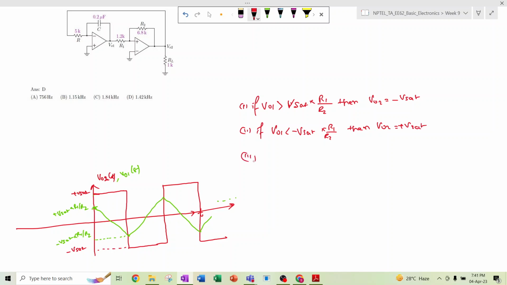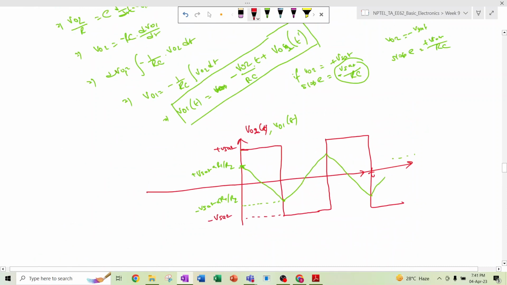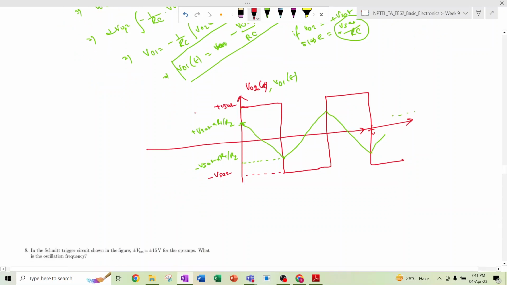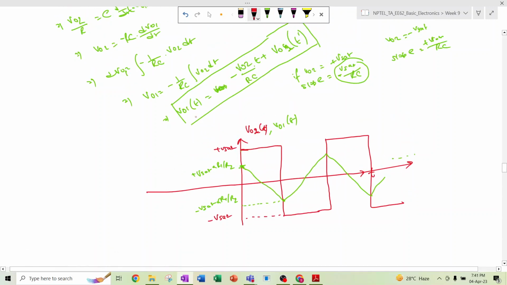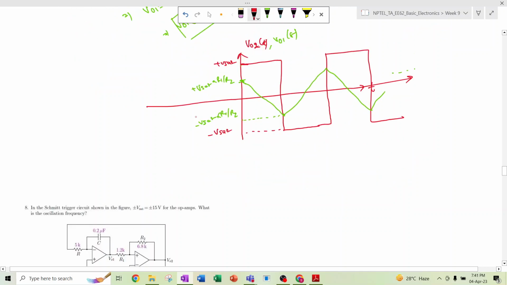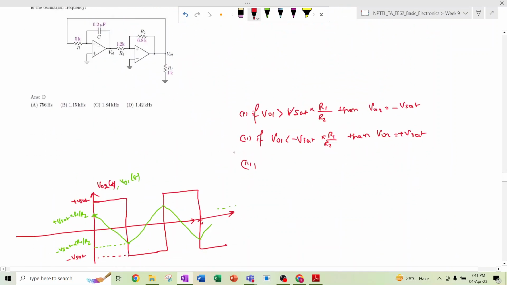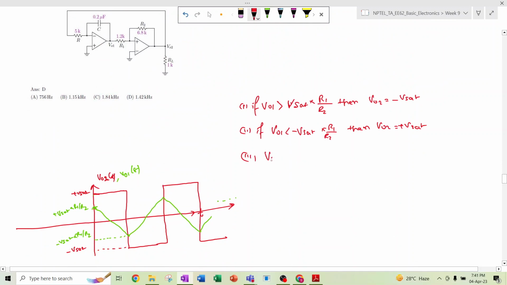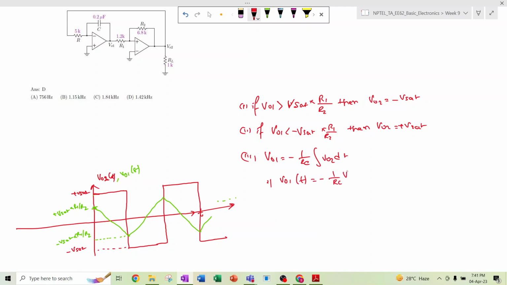And the third condition, what we got, is VO1 is basically minus 1 over RC integration of VO2 dt. That means VO1 at any particular time is equal to minus VO2 into T over RC, plus it has some initial value which I am referring to as VO1 T dash. So these are the three equations.